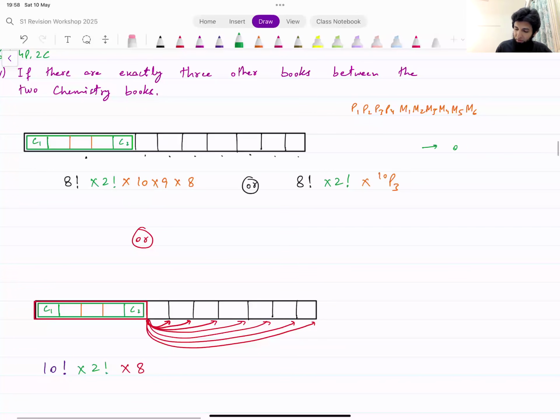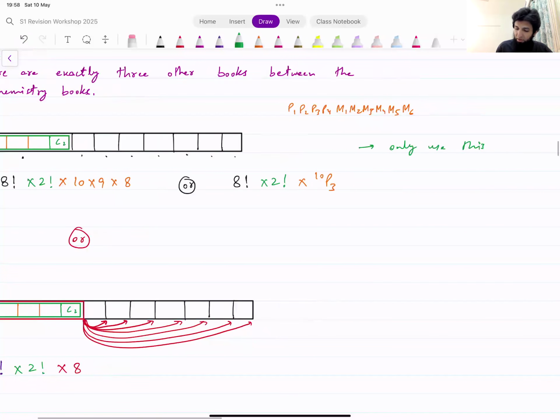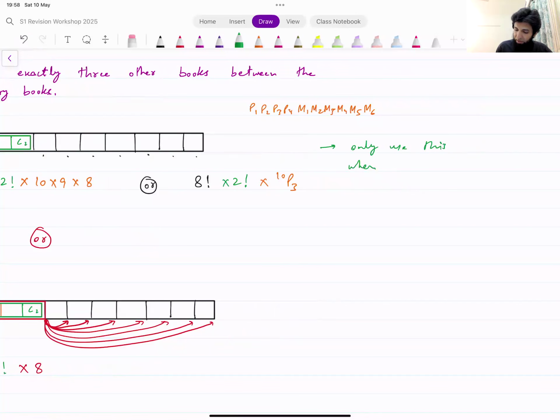So you would only use this when the remaining objects are not identical.